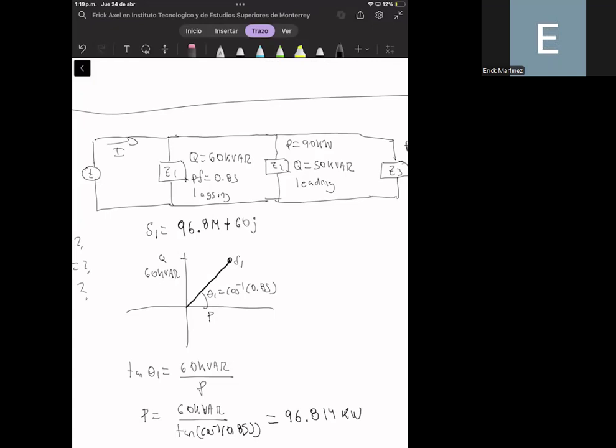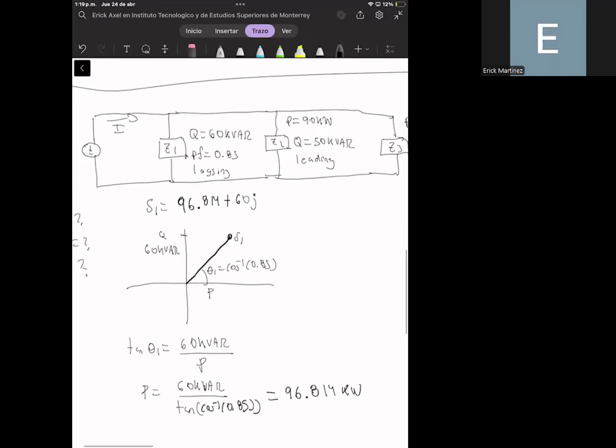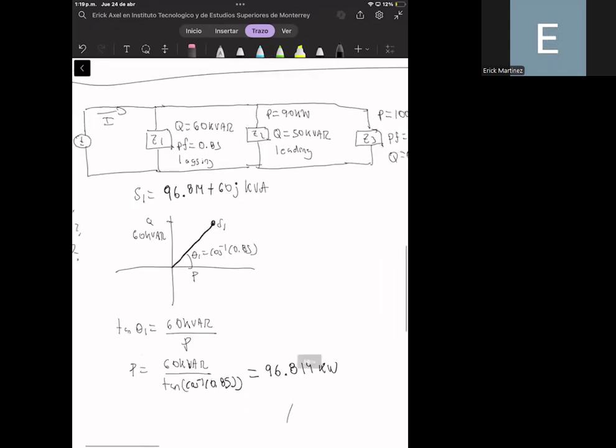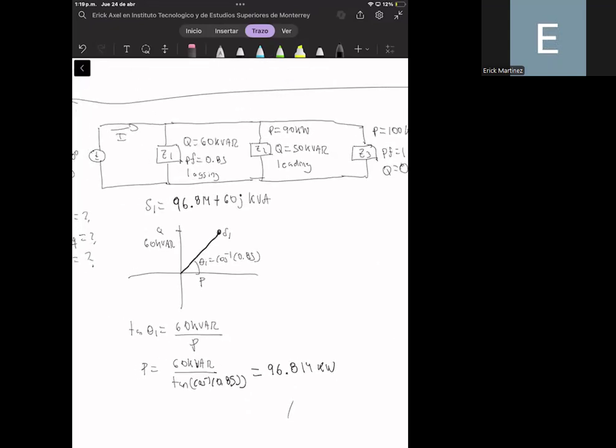And this is the imaginary part. And remember that we have here kilowatts and kilovars, so we can express the complex power as kilovolt-amperes. I am using kilos here because we have kilovars and kilowatts. So this is the first complex power.